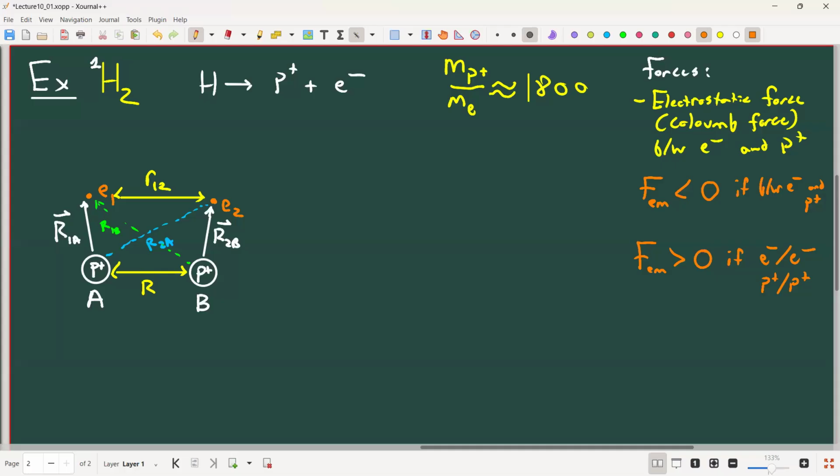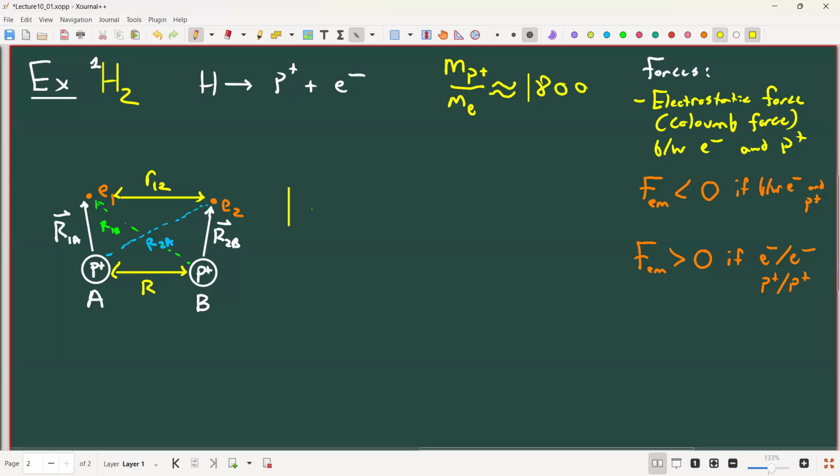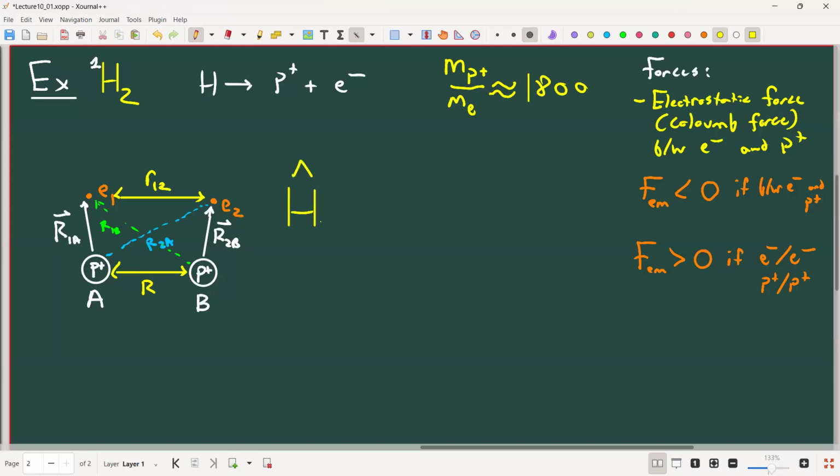So we should write down the total energy of the system. That's the goal, right? We're trying to find states of constant energy, wave functions. And so we should write down all the different energies and all the different interactions occurring. So we define what's called the Hamiltonian, the H operator for H2. That's the total energy.